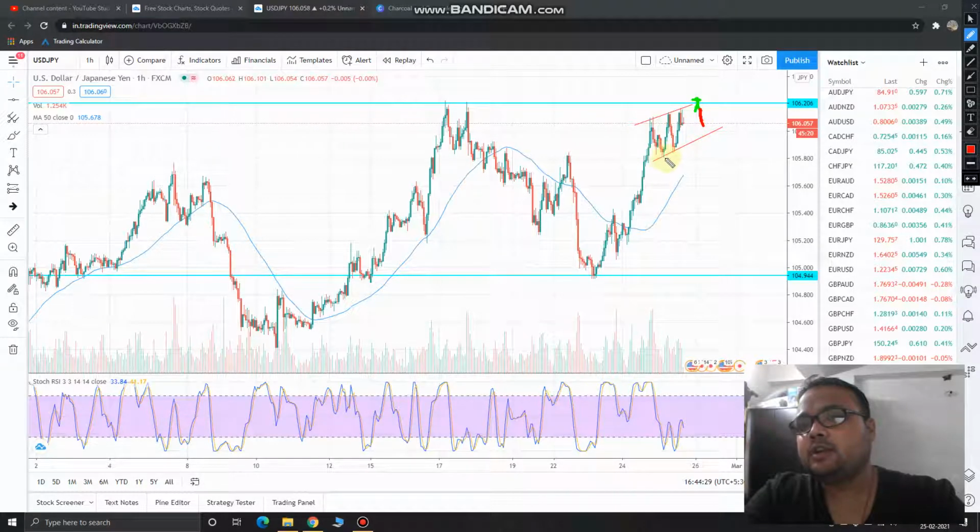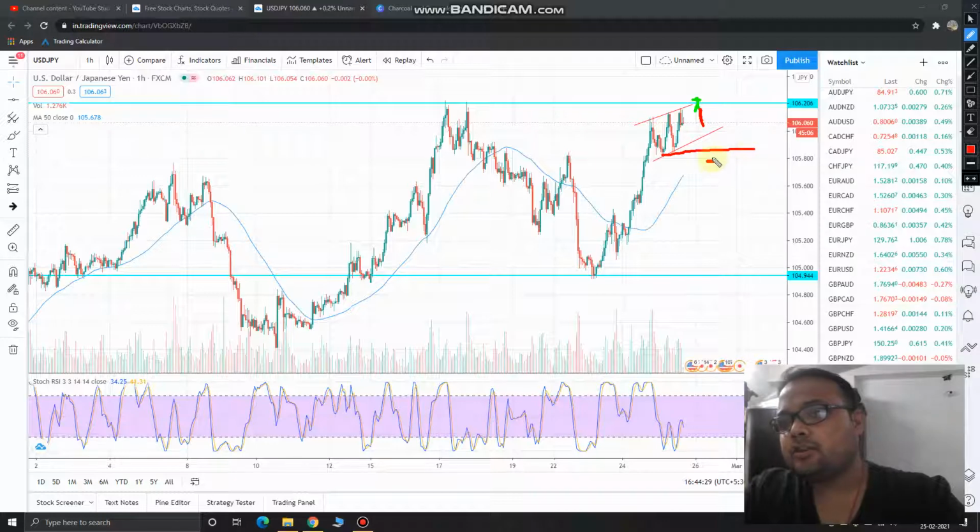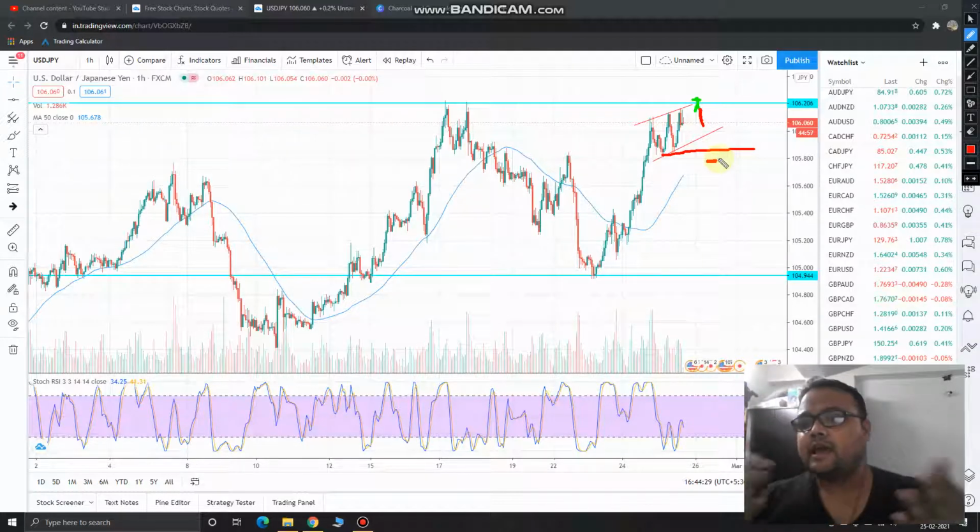Therefore you should only short the market below the 105.80 level. If you see that the market could not break the resistance and there is heavy selling pressure, then you can short the market somewhere around here, below 105.80, if the selling pressure is heavy enough.